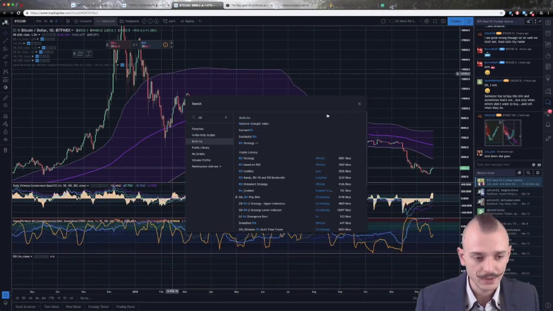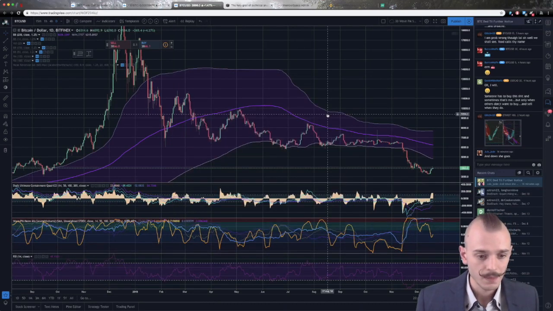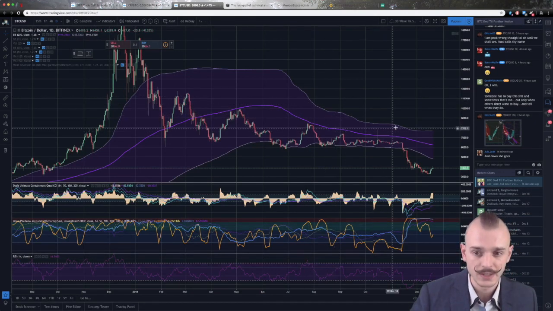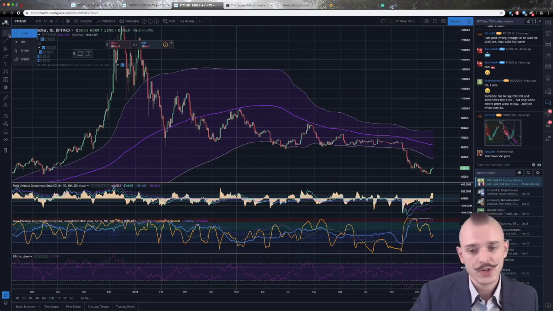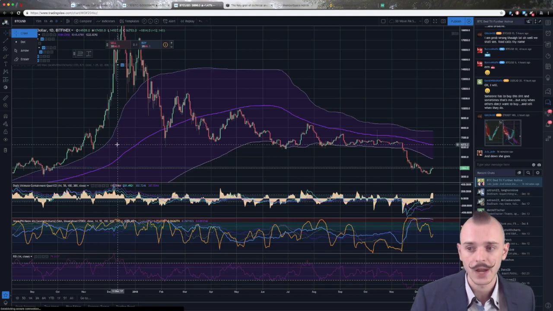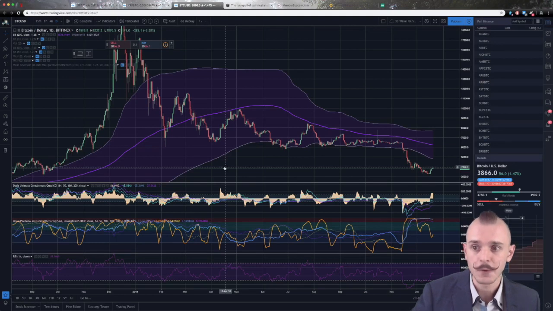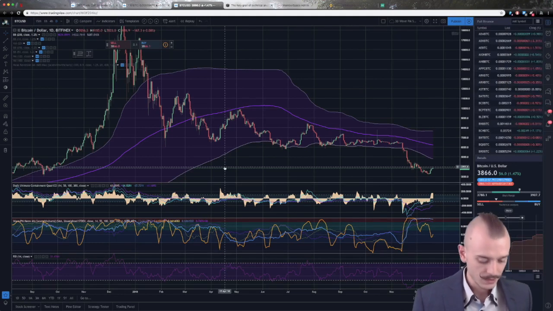Now, I'm not particularly against RSI for any specific reason, other than the fact that it doesn't fit into any systems particularly well. What you are trying to do when you're charting is create a system of information, something that is comprehensive and everything complements each other.